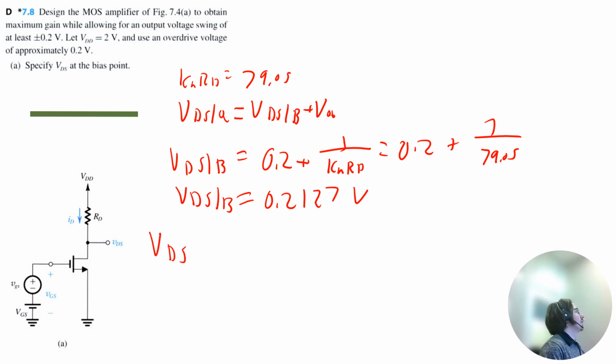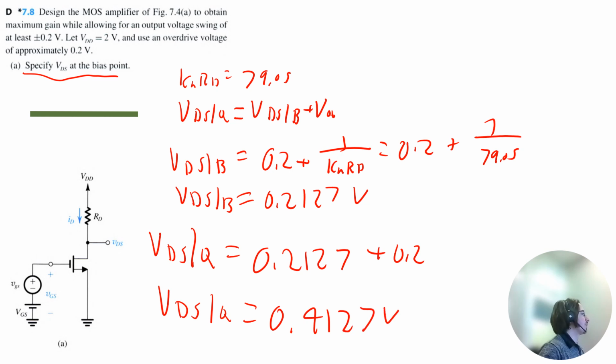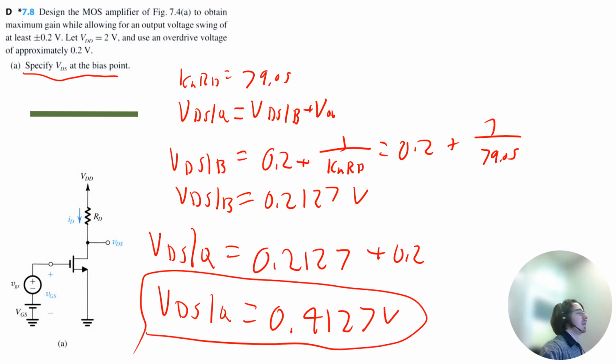So VDS at the bias point Q is equal to 0.2127 plus 0.2 volts. So VDS at point Q is equal to 0.4127 volts. That is just the first part. Luckily, the rest of the problem is pretty easy, so let's keep going.